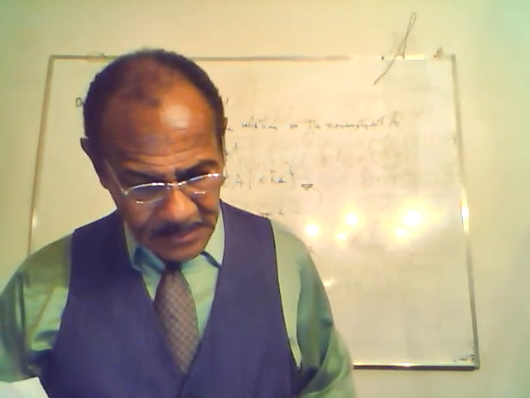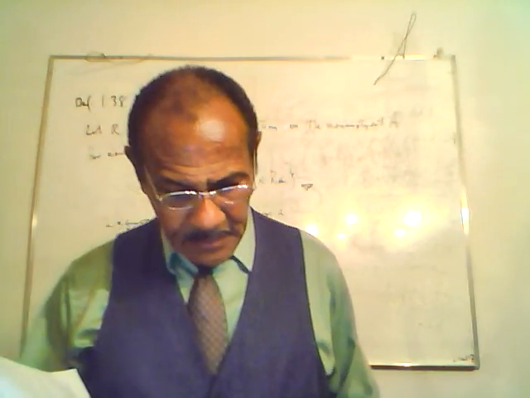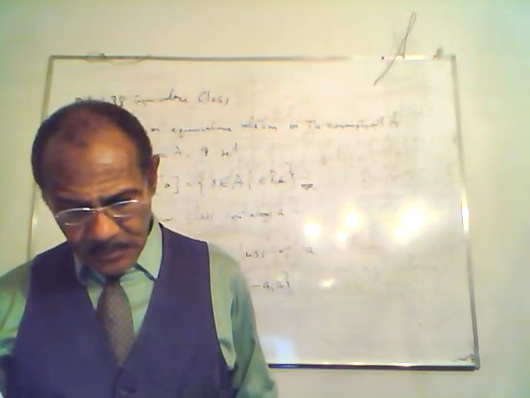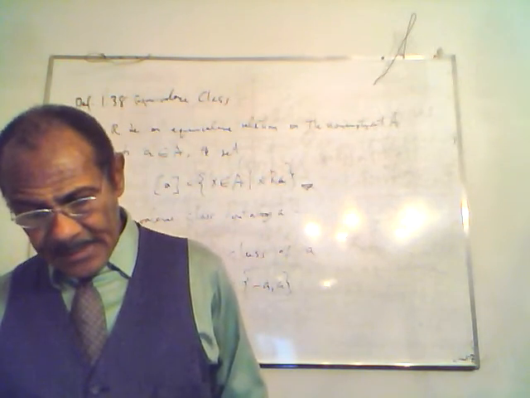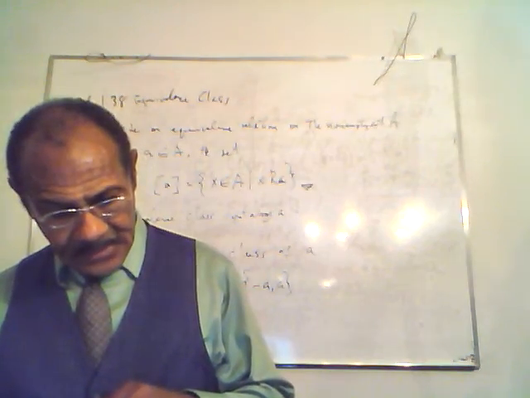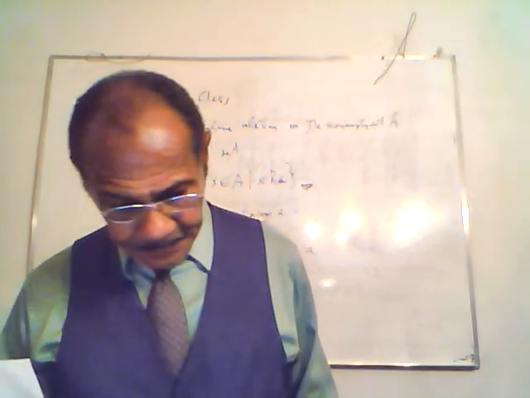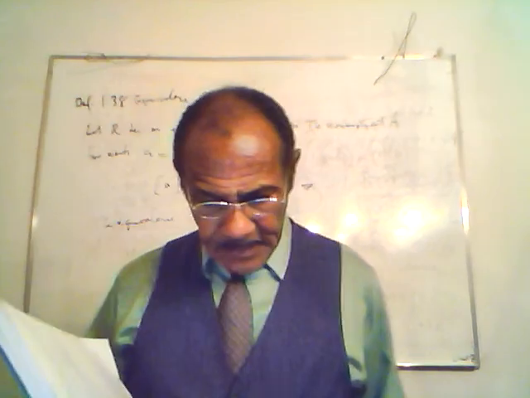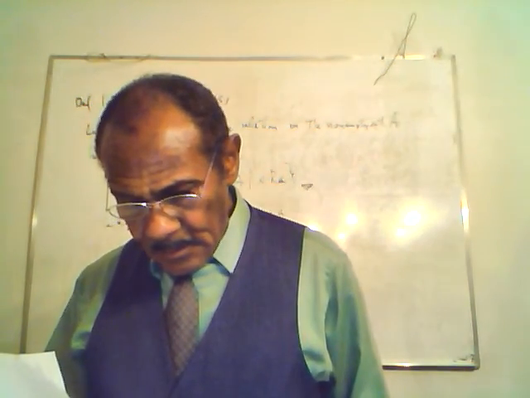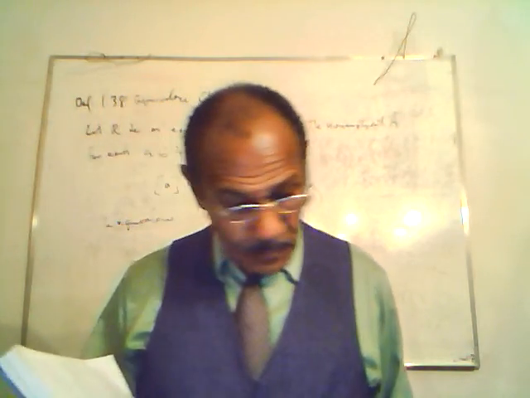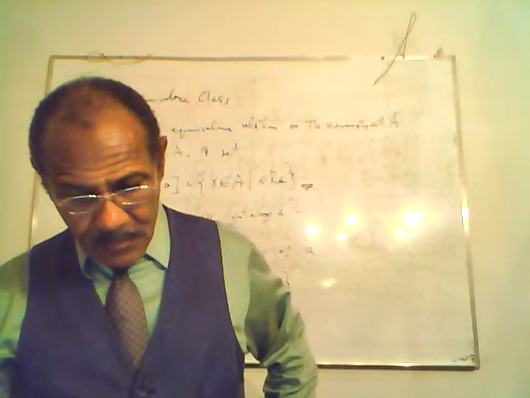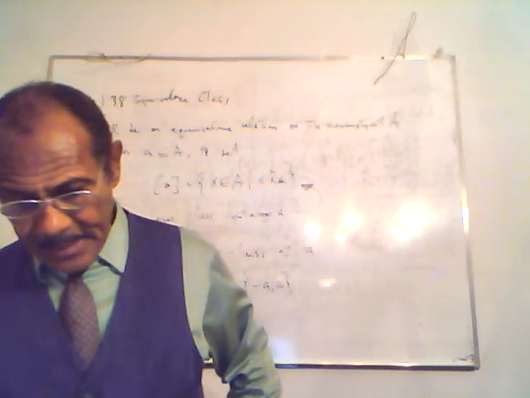If the indexing set curly L is given by curly L equals 1, 2, ..., n, then the union of the collection of sets A sub i might be written in any of the following three ways. The union could be written as A sub 1 union A sub 2 union ... union A sub n.